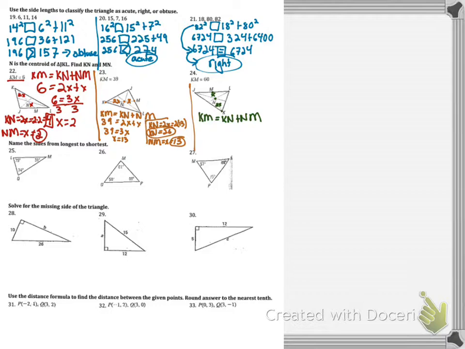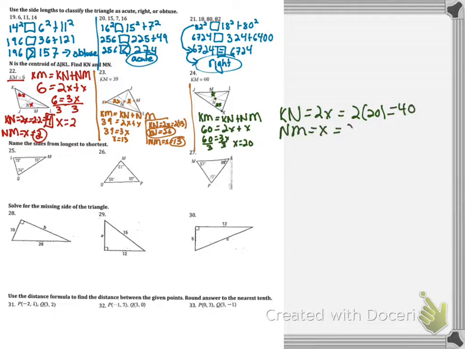So we substitute in what we know. We have 60 equals 2x plus x. We have 60 equals 3x. Divide by 3, x equals 20. So now that we have this, we know that KN equals 2 times x, which is 2 times 20, which is 40. And we have NM equals just x, which is 20.